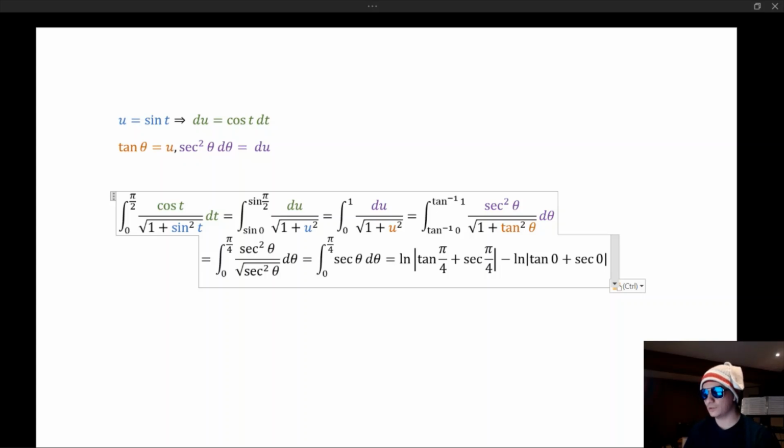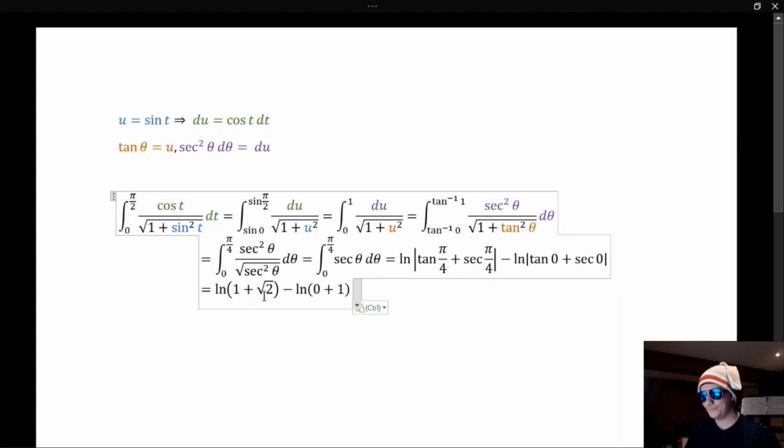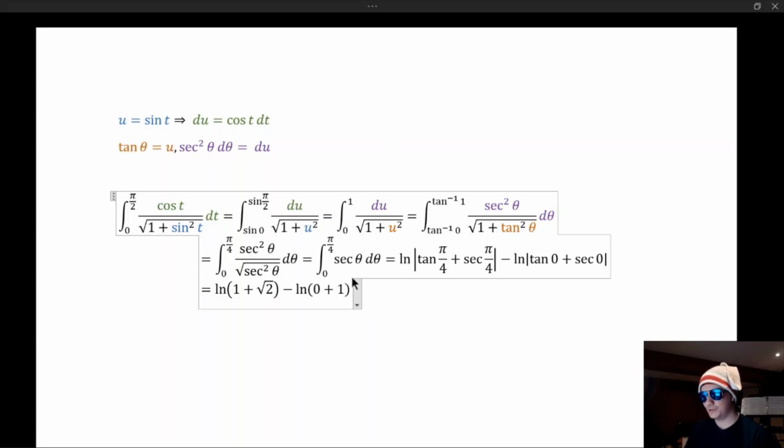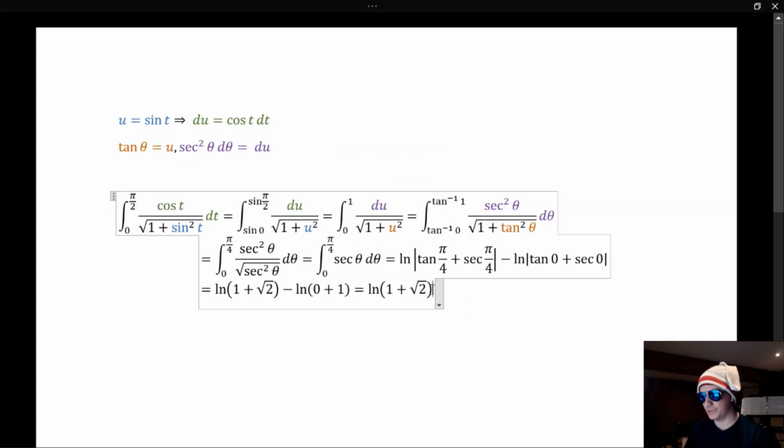Those values are going to be the ln of 1 plus square root of 2 minus the ln of 0 plus 1, which is just the ln of 1 plus square root of 2, which, if you would like to approximate, is roughly 0.8814.